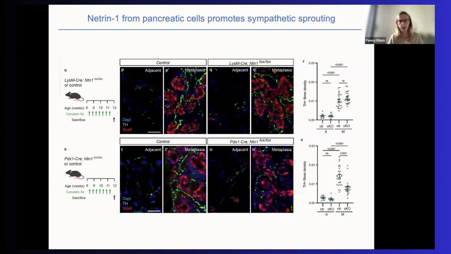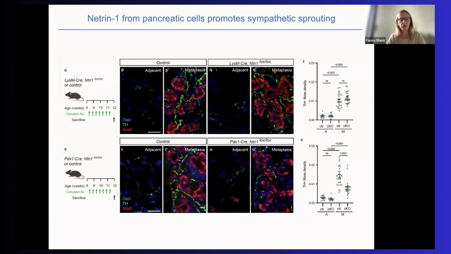So what we think is that the metaplastic reprogramming of acinar cells into epithelial-like cells induces the expression of netrin-1, which acts on the DCC-expressing sympathetic nerve terminals to induce their local growth and sprouting.